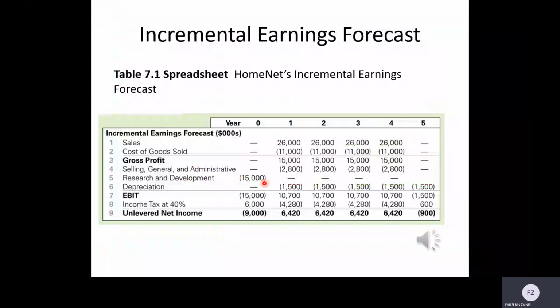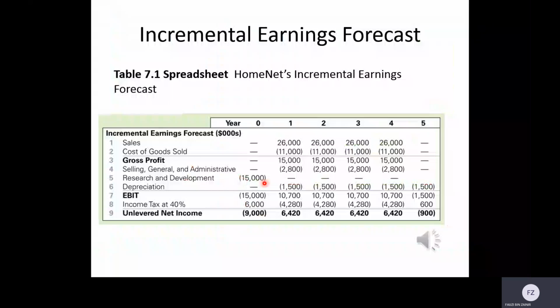If we look at this spreadsheet, the items that we are able to put in are the sales, cost of goods sold, gross profit, selling, general and administrative costs, research and development, depreciation, EBIT, earnings before interest and taxation, income tax at 40%, and then we have the unlevered net income.